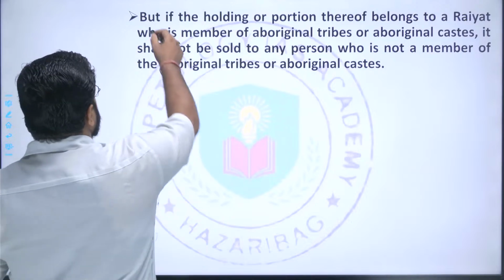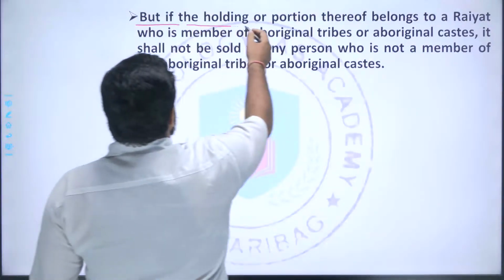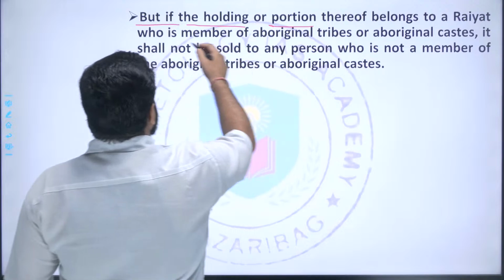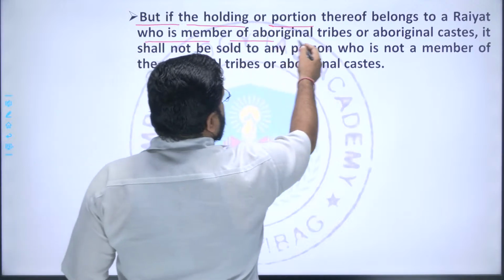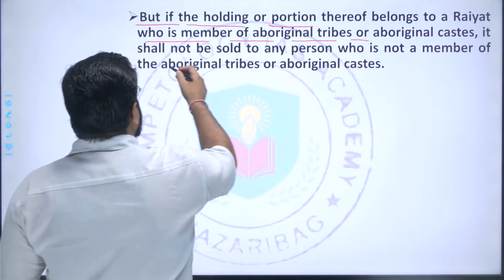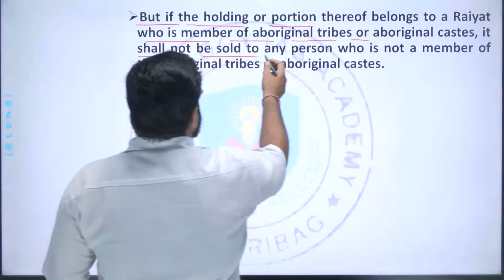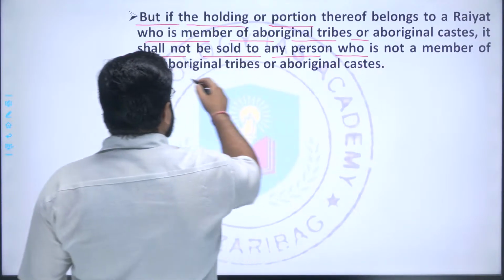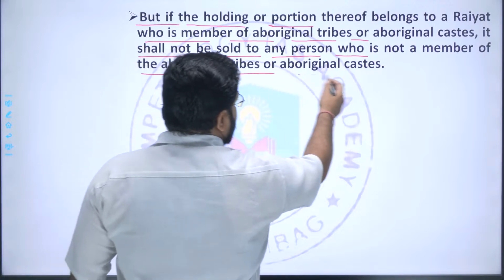Now the next point says that if the holding or portion thereof belongs to a Rayyat who is a member of an aboriginal tribe or aboriginal caste, it shall not be sold to any person who is not a member of the aboriginal tribe or aboriginal caste.